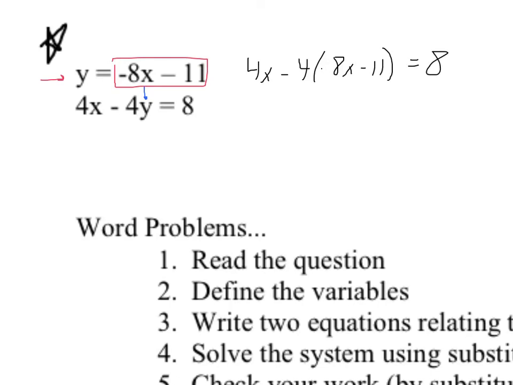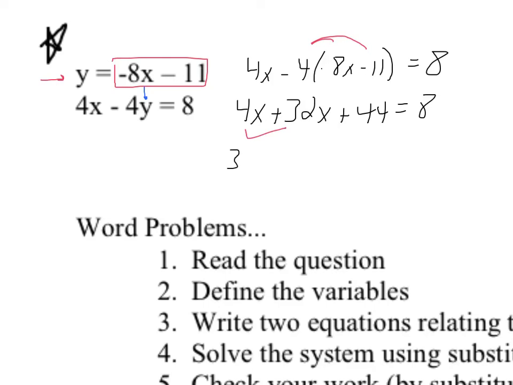Again, we went from an equation with x and a y to an equation with just x. So I substituted in what y is equal to, and now I have a distribution that needs to occur, unlike the last one. And we get a plus 32x plus 44 equals 8. Combine like terms.